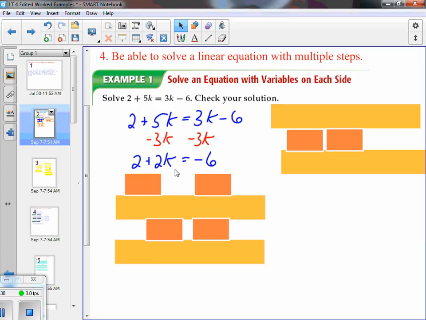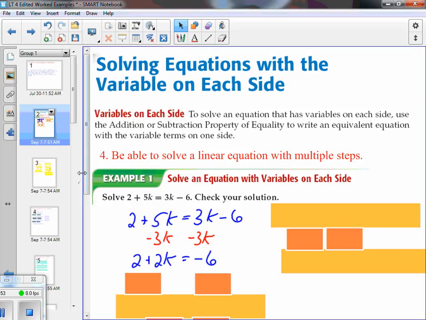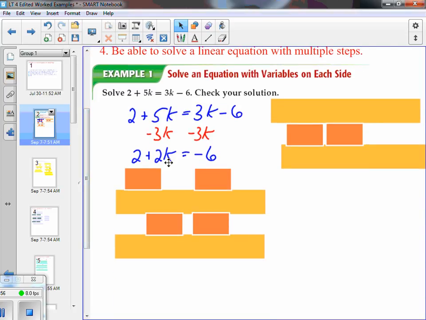What I want to do next then is get the variable term by itself. In other words, I need to get the constants on the other side. Remember what the step said? To get all the terms that contain a variable on one side and all the constants on the other. I've got the variable. There's only one variable term left. It's on the left side. Get all the constants on the right side. So I need to get rid of this 2.